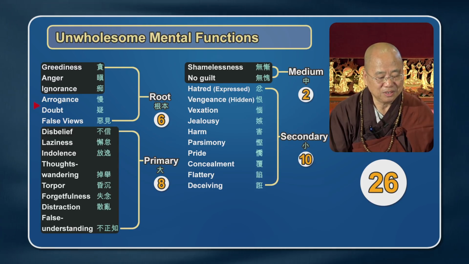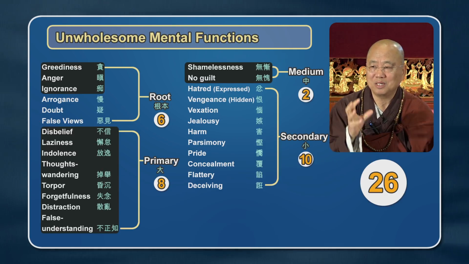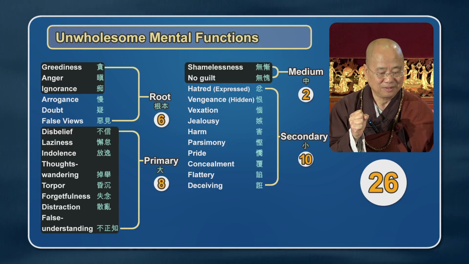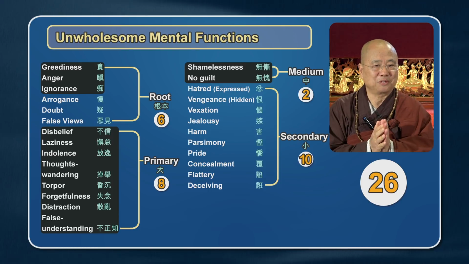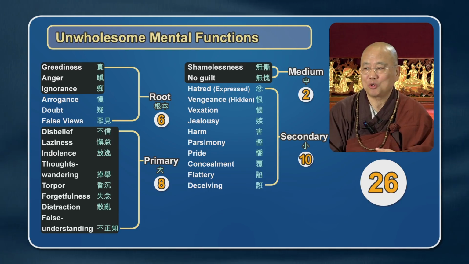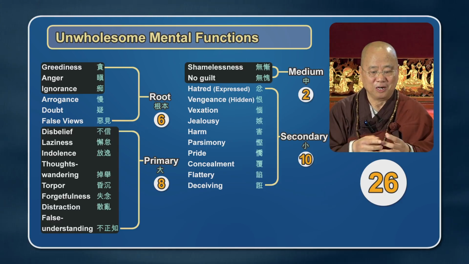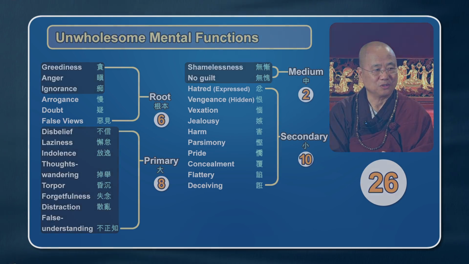And arrogance, doubt, and false views are so subtle that only the mano consciousness has these kinds of unwholesome mental functions. So in other words, our sixth consciousness is extremely versatile in interacting with these unwholesome mental functions. It is extremely active in it.